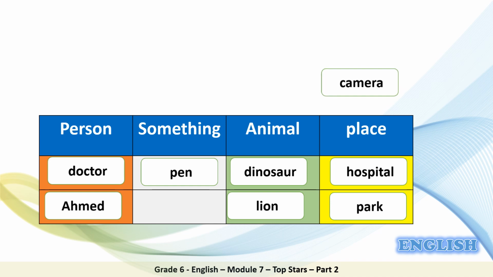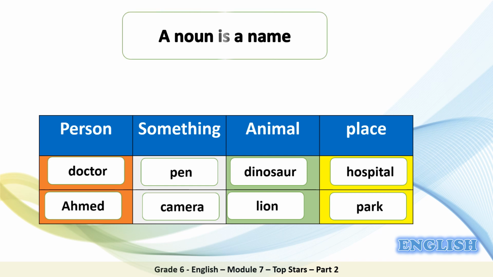A camera, it's a name of something. So all these words are names, or we call them a noun. A noun is a name. A noun is a name of person, or a name of something, or animal, or place.